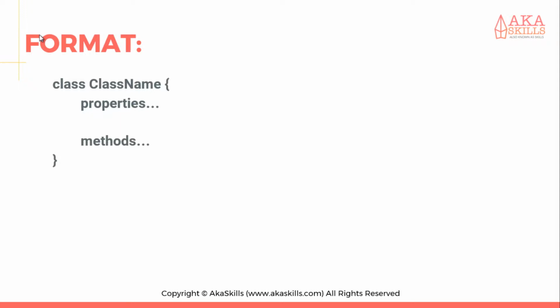So you say class, which is a keyword, and what follows is the name you choose to assign to the class. After which we'll have the curly bracket. In between the curly bracket is where you specify the properties and the methods you plan to make use of in the class. Fairly simple, eh?